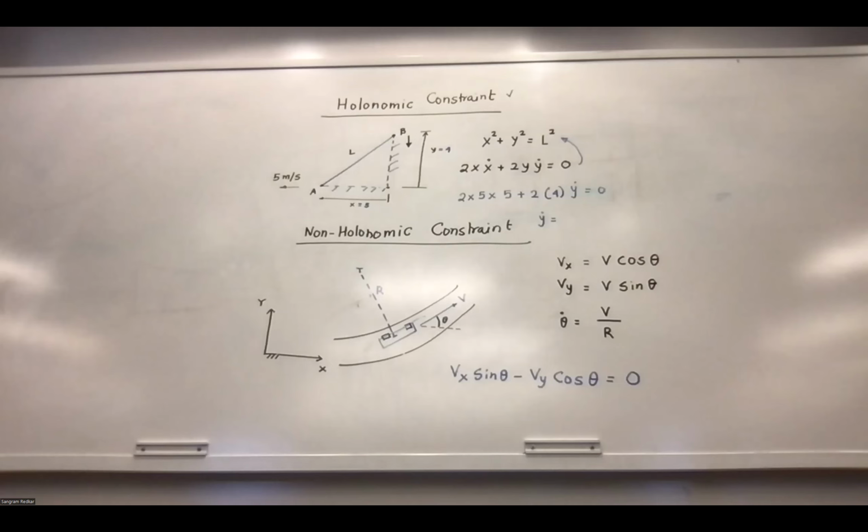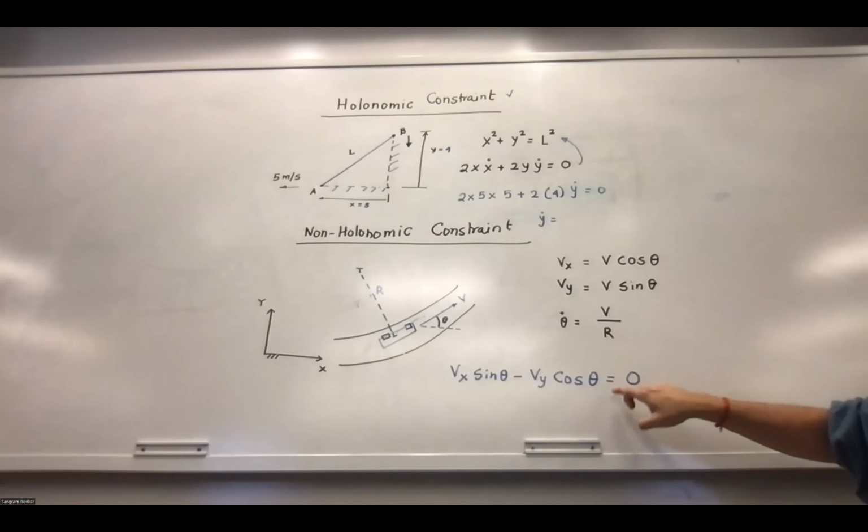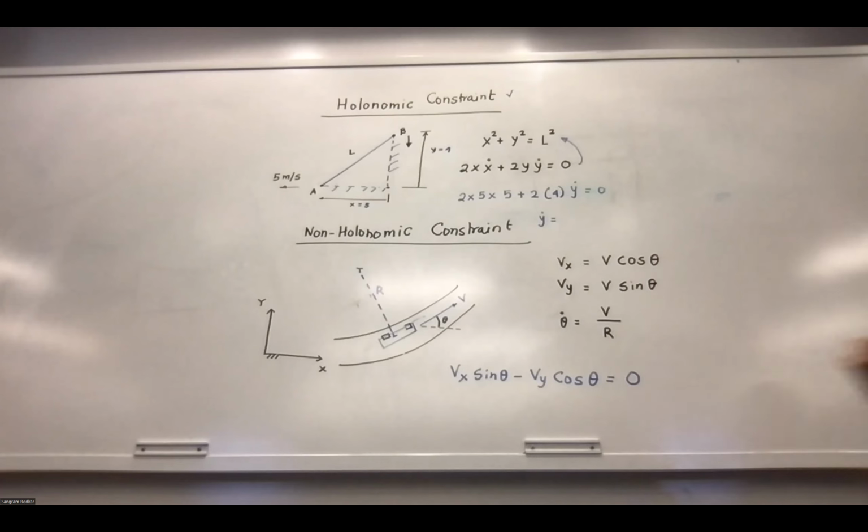Now here comes the moment of enlightenment. And I want you to understand this very, very carefully. What is the physical interpretation of a non-holonomic constraint? Imagine you are riding a bicycle and you want to turn. Your bicycle has 2 wheels.